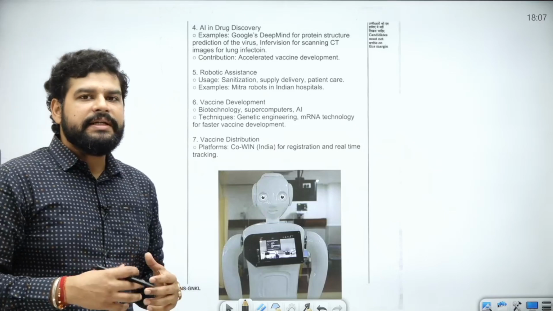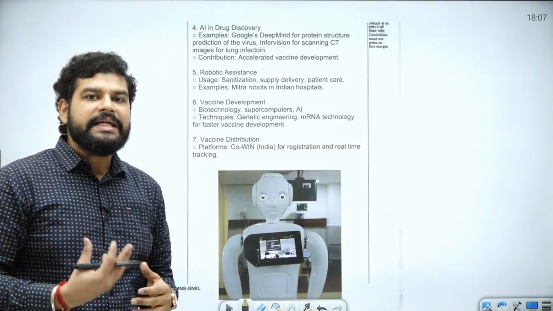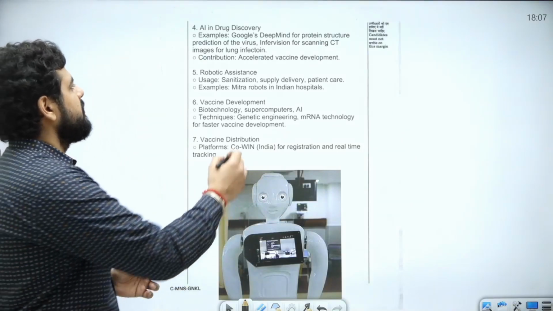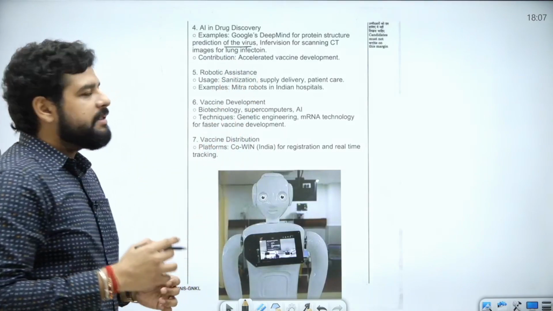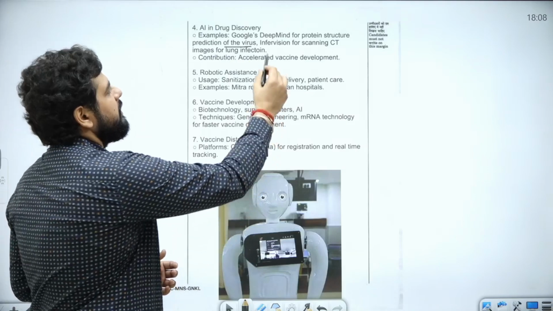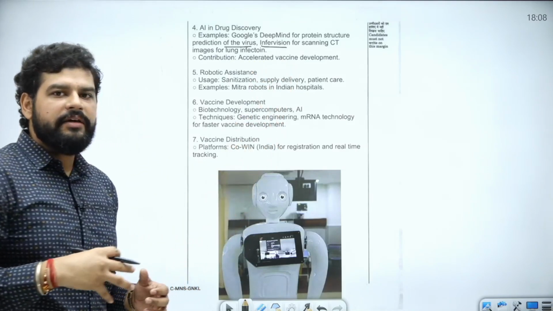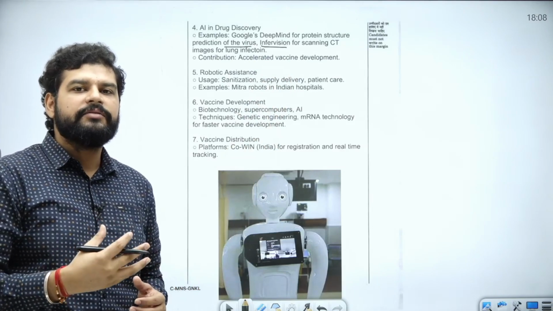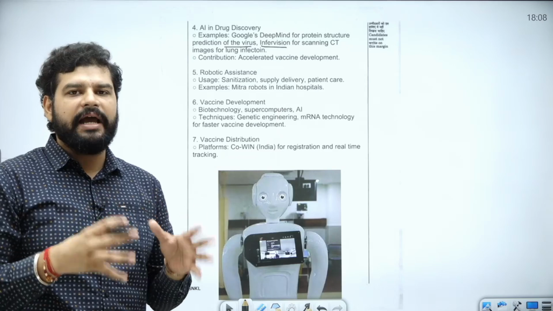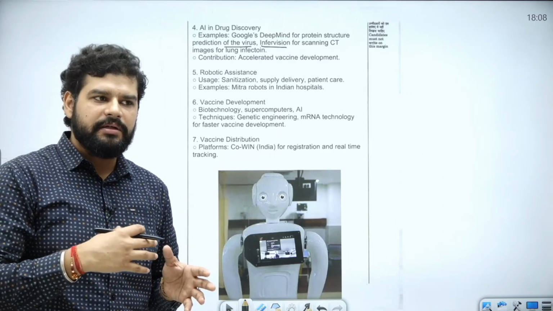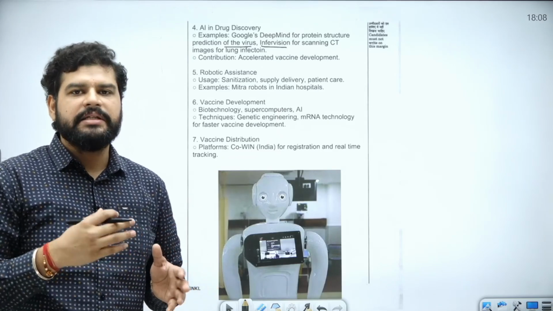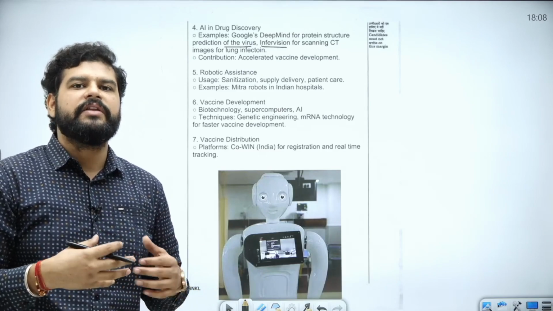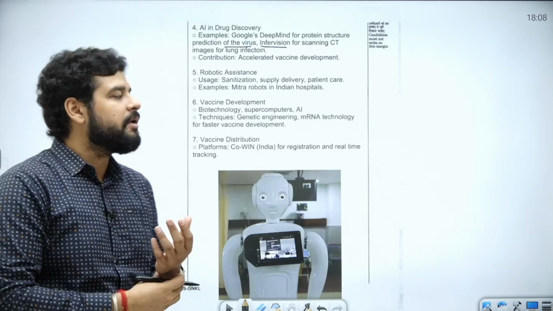Google's DeepMind was used to predict the virus structure, right? Then there is a company called Infravision. It produced software for scanning the lungs for infection. The scans of lungs were judged on whether they had some lung infection, right?